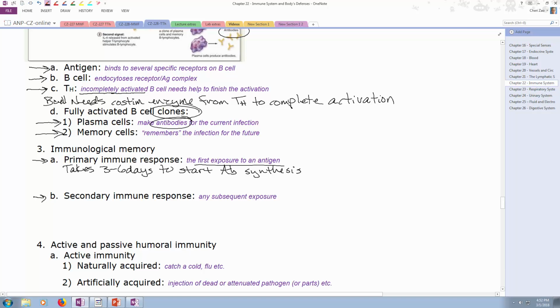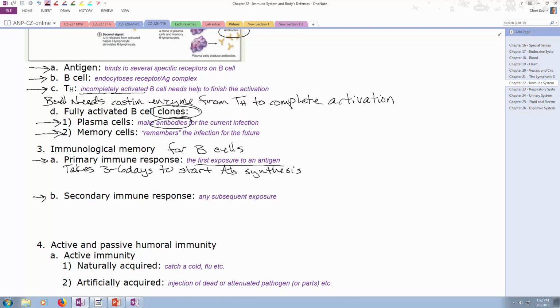So our immunological memory that we are talking about right now is for our B cells, because we're talking about antibody synthesis. But you have to realize we also have to activate a helper cell before we can turn on a B cell. Are you guys following me with this? Do you see the complexity of this chain of command?